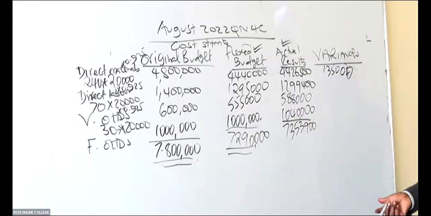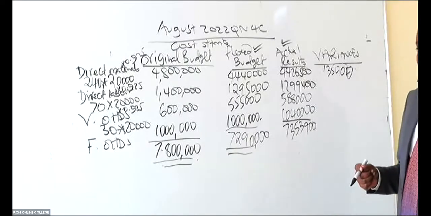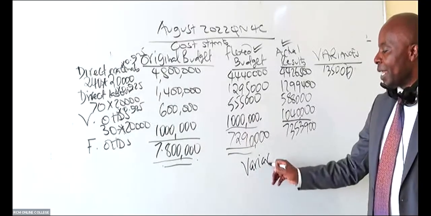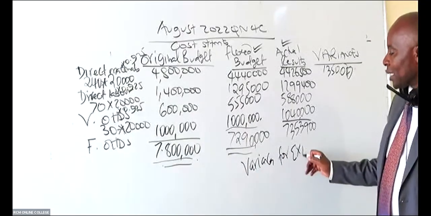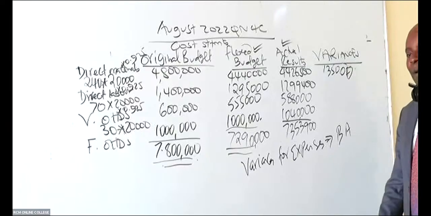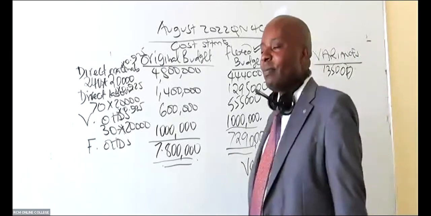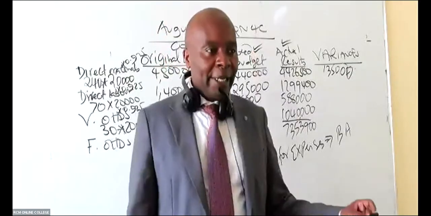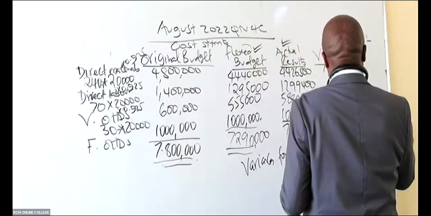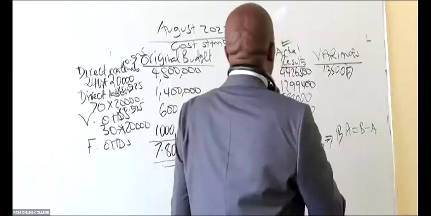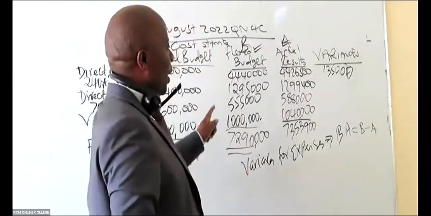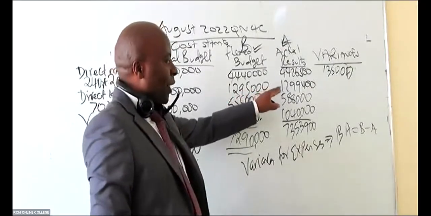Favorable. Always remember, I don't have to think about whether I've used less or more materials. What I'm supposed to know is that whenever I'm getting variances for expenses, I normally use BA. So BA means your budget minus actual. Like now the second one, this is the budget and this is the actual, so it will be 1,295,000 minus 1,299,400.